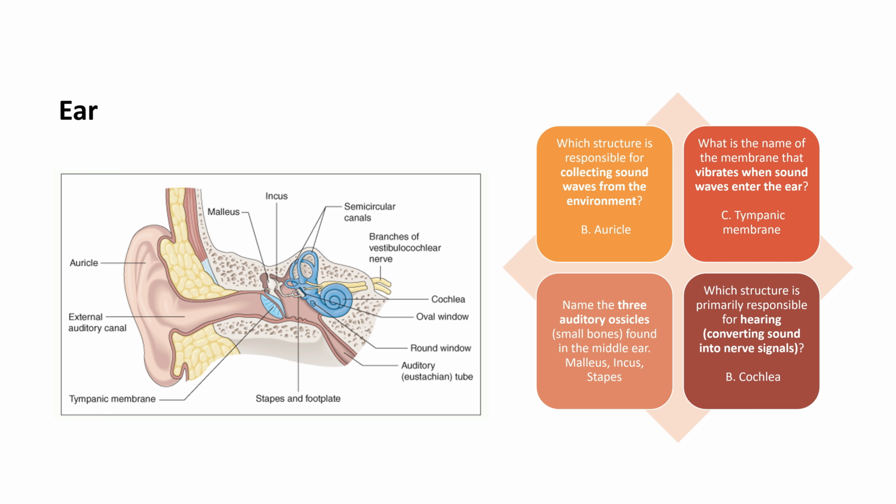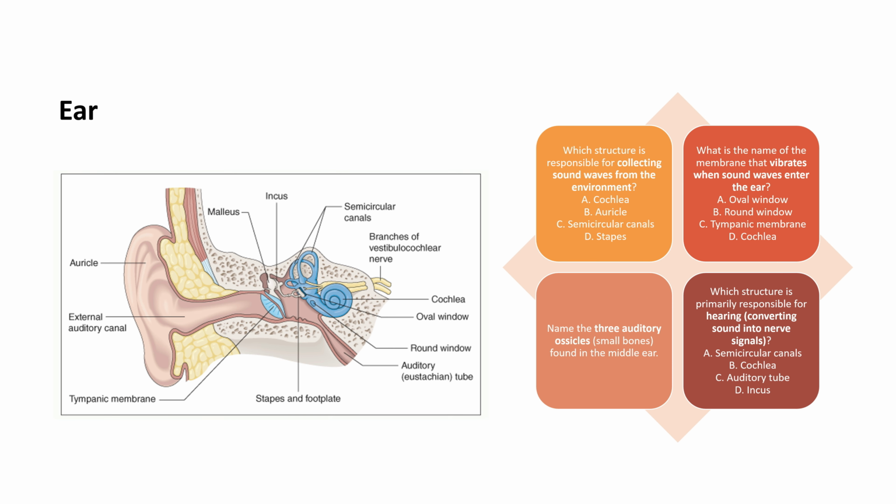So we're going to take a look at the ears, and let's go through a few questions about the ear. Which structure is responsible for collecting sound waves from the environment?